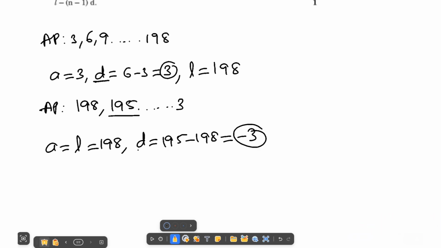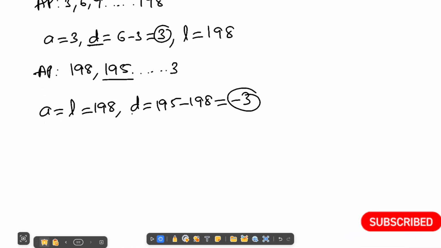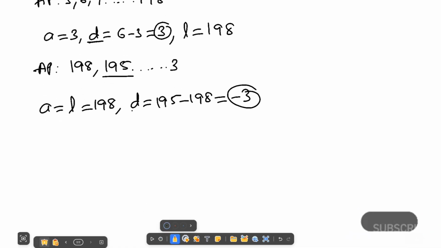Now what is the formula to find the 10th term? We have to apply the nth term formula: a plus n minus 1 into d.